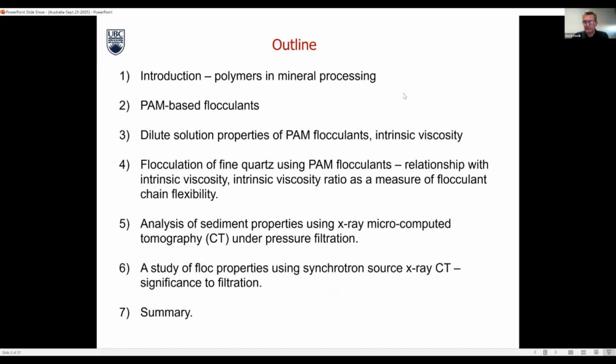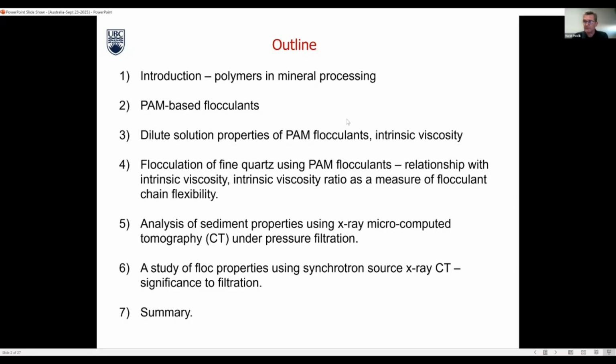So briefly about the content, we'll introduce the subject, polymers in mineral processing, applications, uses, and so on. We'll then switch a little bit our attention to polyacrylamide-based industrial flocculants. When it comes to polymer properties, we primarily look at the intrinsic viscosity of polymers, a rarely used parameter in flocculation work, but we find it very useful in terms of understanding how polymers behave in water.